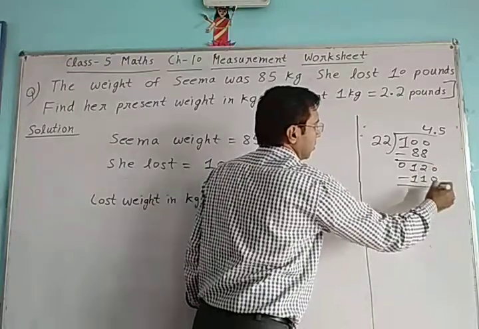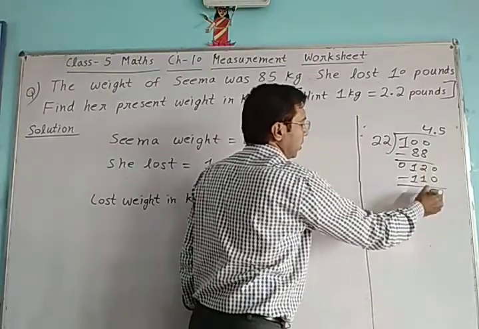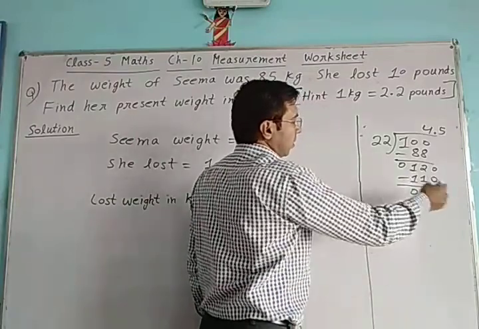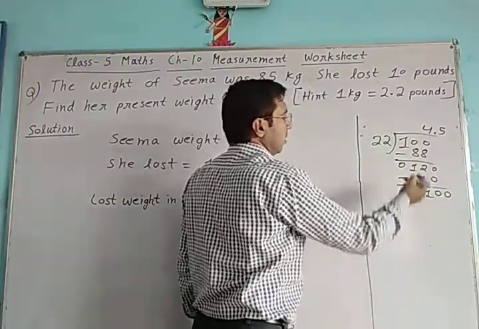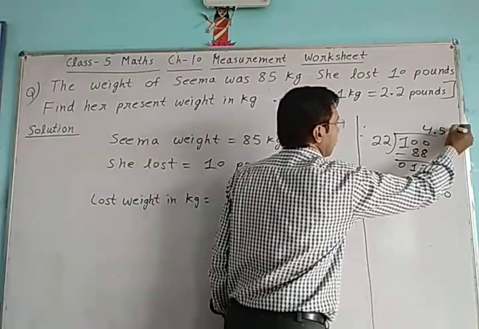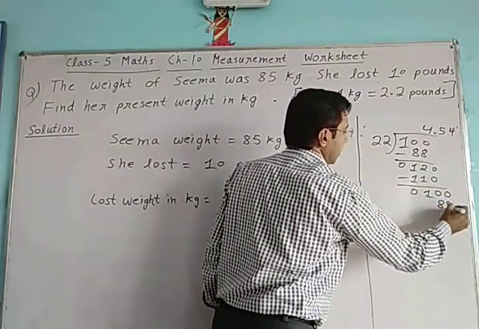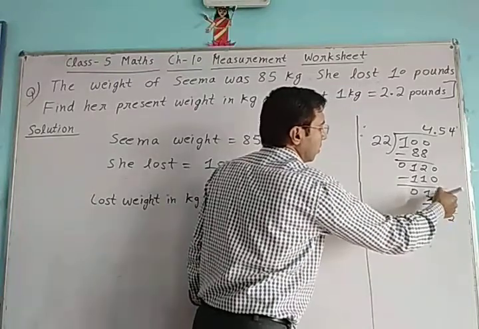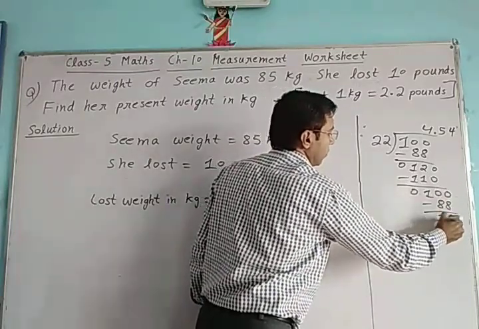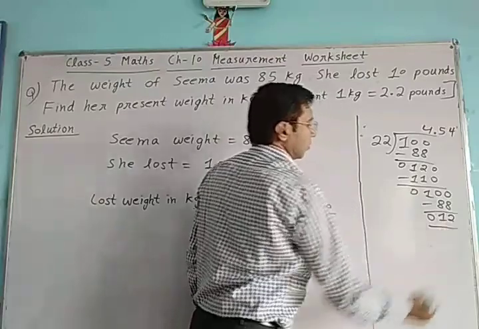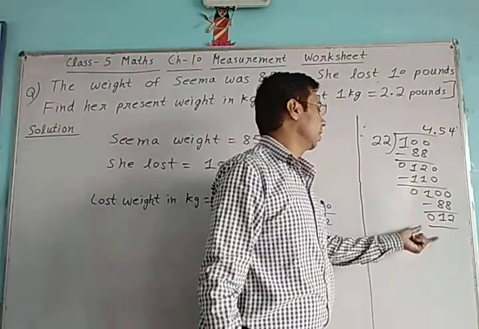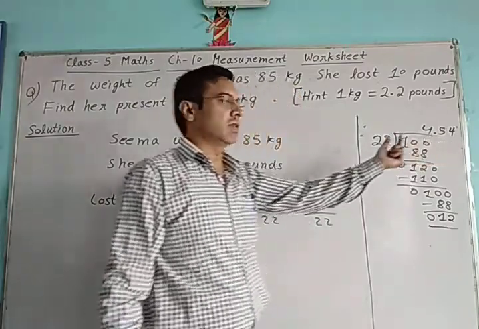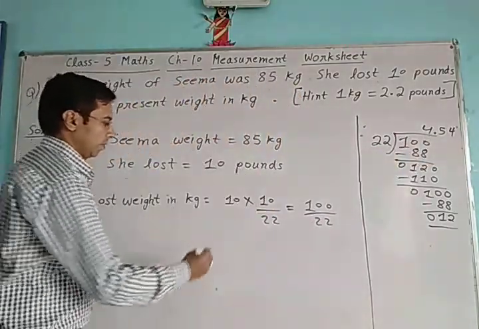Clear? 0 minus 0, 0, 2 minus 1, 1, 1 minus 1, 0. So we add one more 0 here. Now 22 into 4, 88. 10 minus 8, 2. 9 minus 8, 1. So it is repeating again and again. So we will keep only 2 decimal places. 4.54.